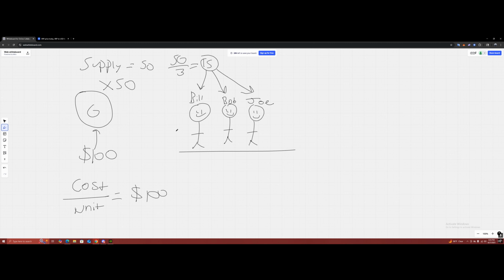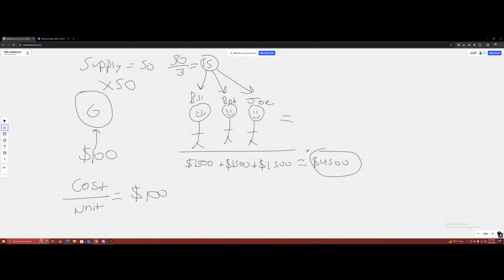Now remember, the market price is $100 per coin. So Billy, Bob, and Joe paid $1,500 plus $1,500 plus $1,500, which is equal to $4,500 in total.